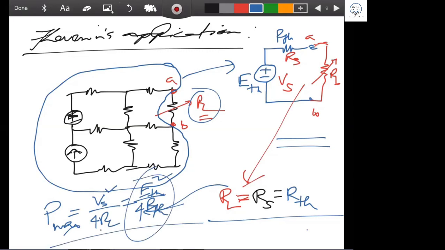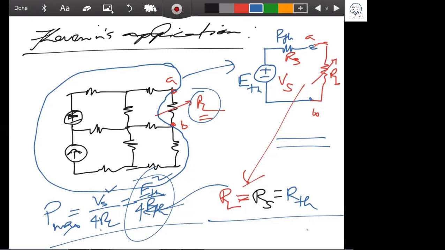So what does it mean? It means Thevenin's theorem can be applied to get this Vs and Rs, which are nothing but V Thevenin and R Thevenin. Then you put them into the equation and get the maximum power, and at what RL you get it. This is the application of Thevenin's theorem.